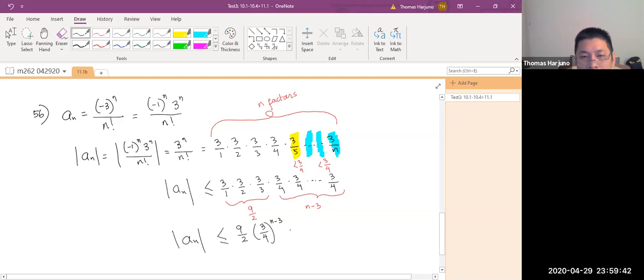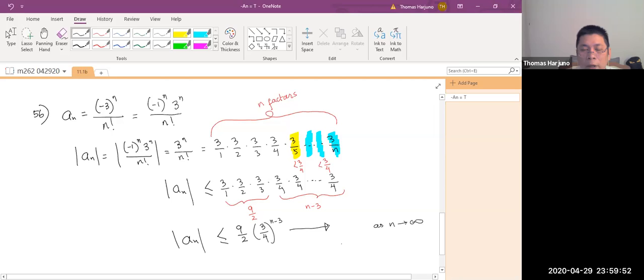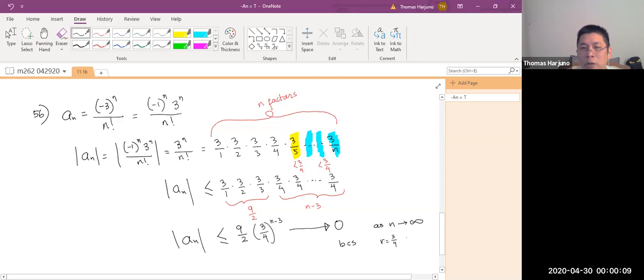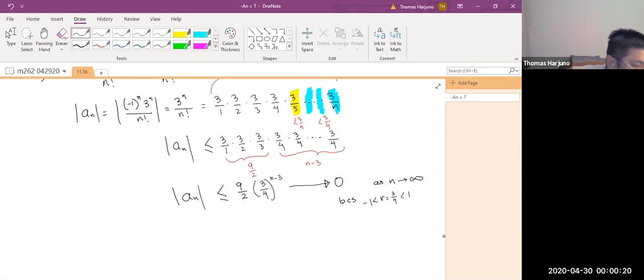But what happened to this part? It converges to what? It converges to 0. Why? Because the ratio is less than 1, between -1 and 1. Once the ratio is between -1 and 1, then that quote-unquote exponential sequence, actually we call this a geometric sequence.